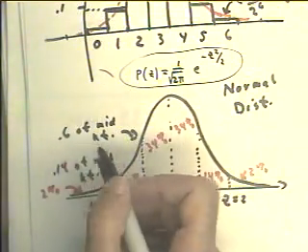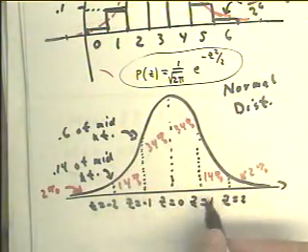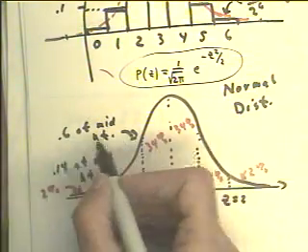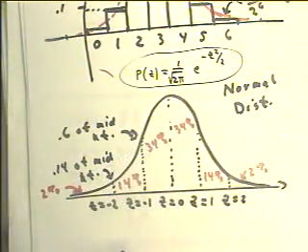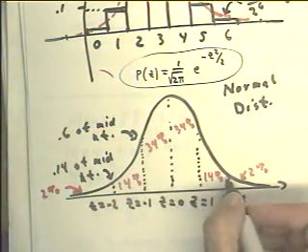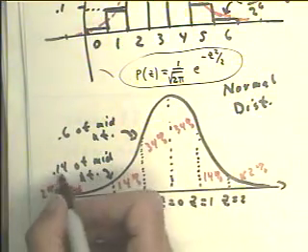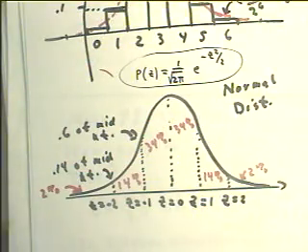In any case, the height of the curve at z equals negative 1 and z equals 1 is about 60% of the height in the middle. And at z equals 2 and negative 2, it's about 13 or 14% of the midpoint height. I've got 0.14 down here. That'll do for an approximation.